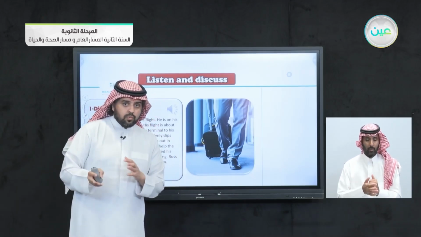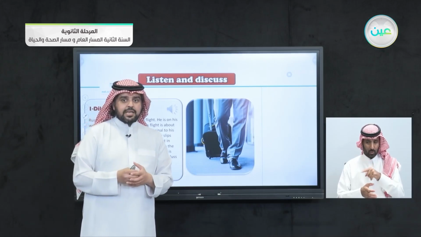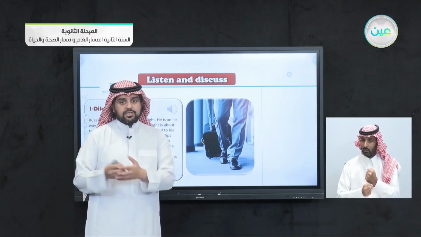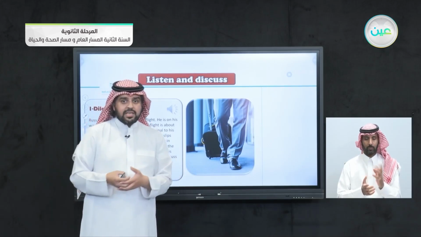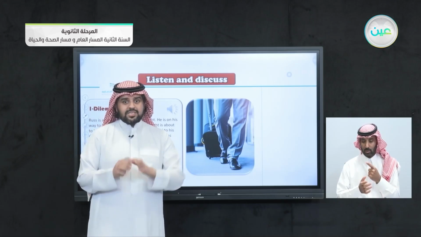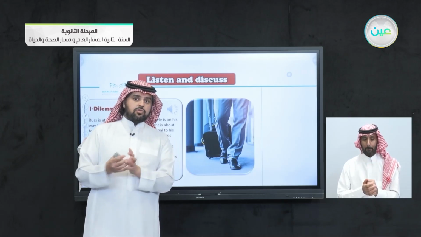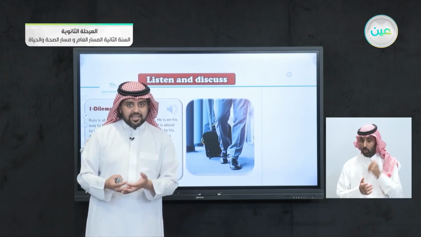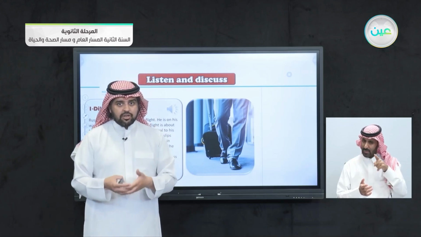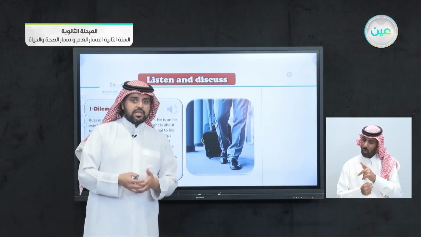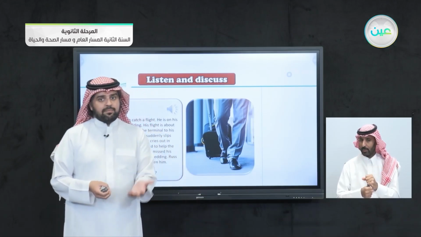What is the right action to do, and what's the wrong action to do here? What's right or wrong here? So this is the dilemma, that you don't know what the correct course of action is here. Of course Russ didn't help the man.